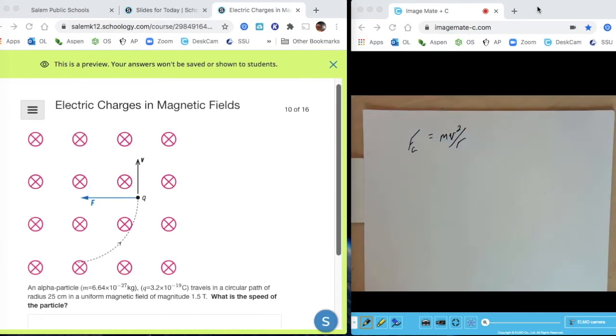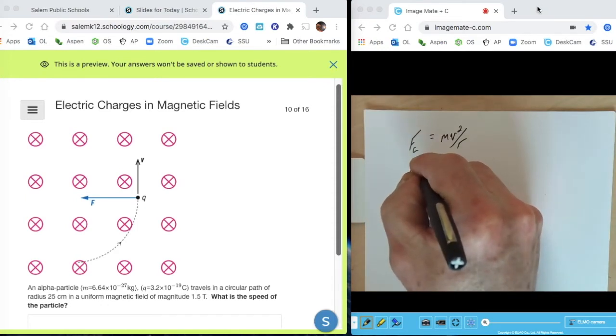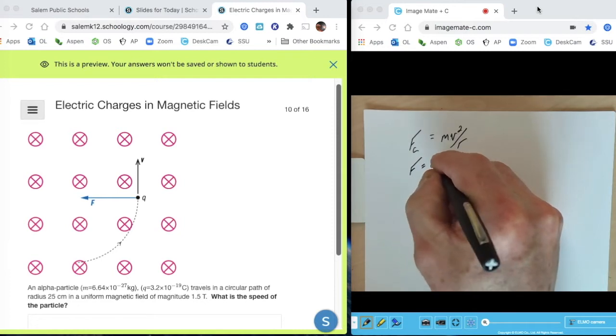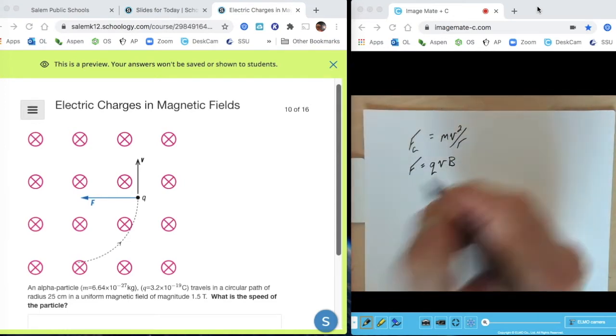Right. Now, we also know that a charged particle in a magnetic field feels a force equivalent to Q times V times B: the charge on the particle times the velocity of the particle times the strength of the magnetic field in Tesla.